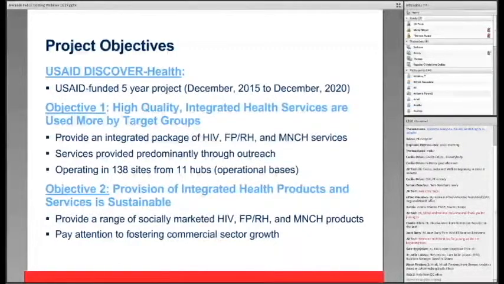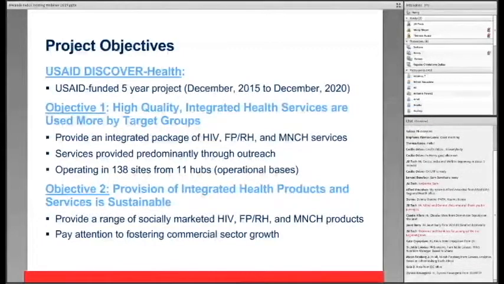Our target groups can be varied, but largely those that are underserved, even to this age in the epidemic control in Zambia. So under this particular objective, we provide an integrated package of HIV, family planning, reproductive health, and maternal, newborn, and child health services.